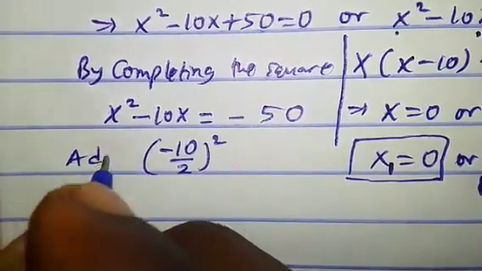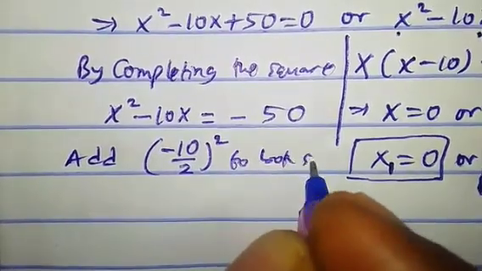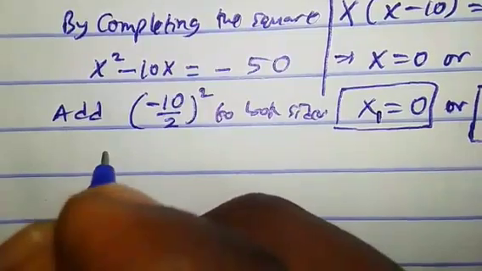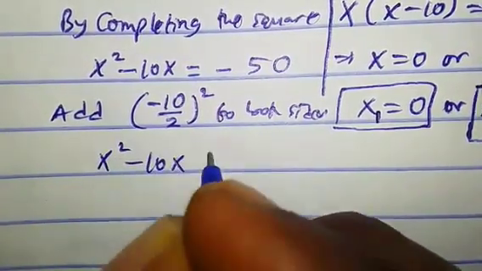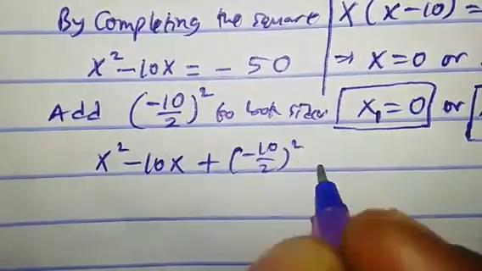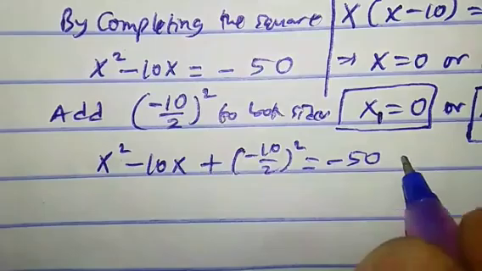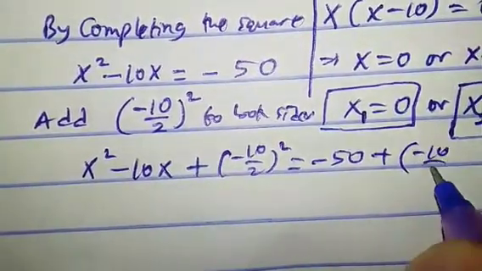So add this to both sides. So that will be x^2 − 10x + (−10/2)^2 equal to −50 + (−10/2)^2.